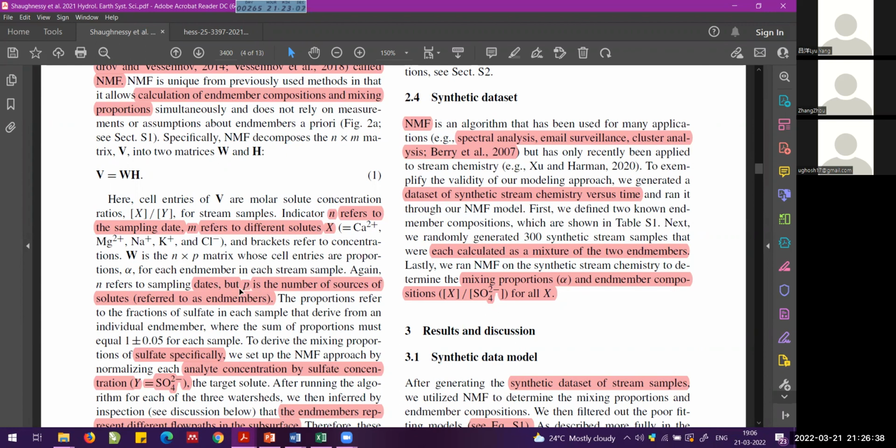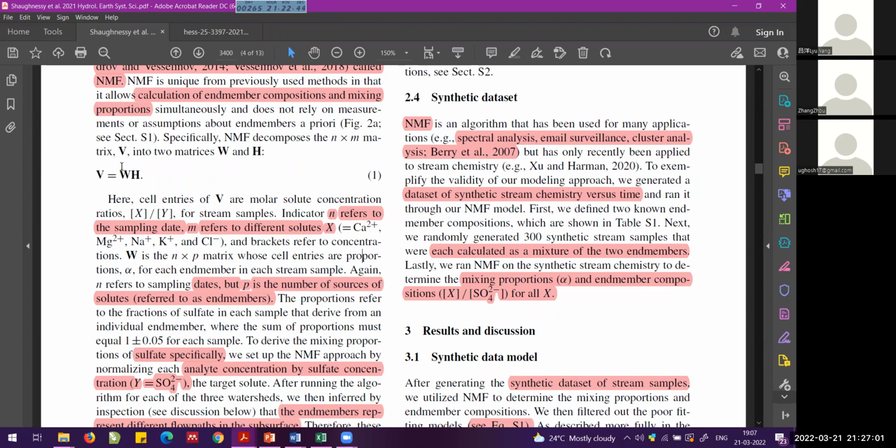So possibly this P they have derived from doing the PCA, so how many N members explain more than 90% of the variation. That is the P. For example, in the first two cases, they found that the N member composition is 2, and in the third case, they found that there are 3 N members.